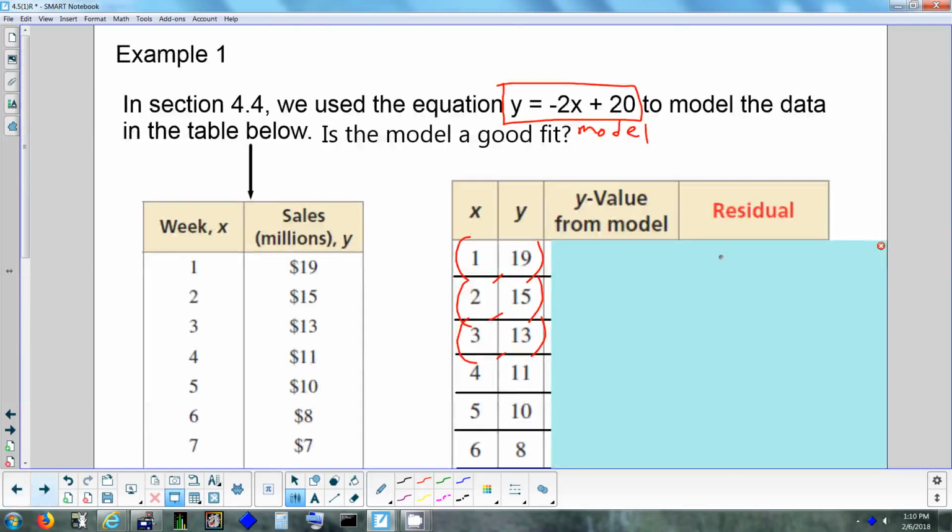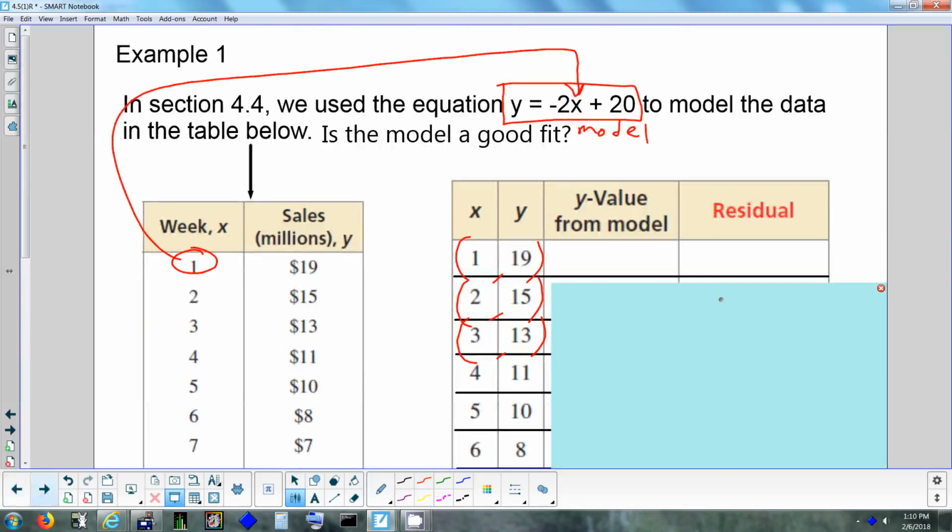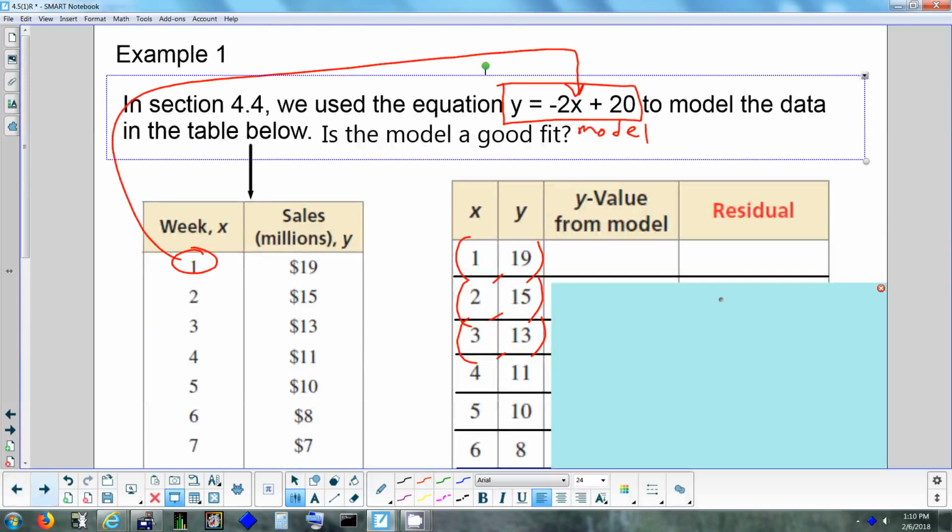So let's start. What's our first X value? 1. We're going to plug it in, and we're going to write down what we get. Xander, what's -2 times 1? -2. And then, Xander, what's -2 plus 20?